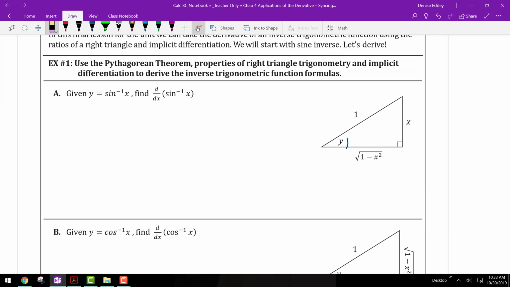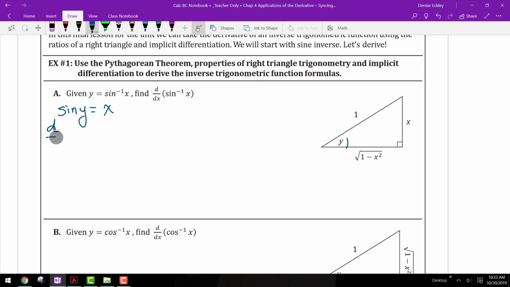Okay, so the first one we're going to do is inverse sine of x. So let's start by rewriting this in terms of something that we can take the derivative of. So we'll rewrite this as sine of y equals x. And now we know how to take the derivative of both sides.